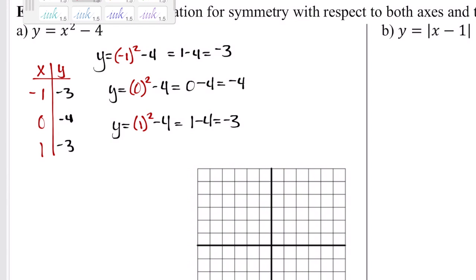So I can go up 3 and over, and up 5 and over. That is one of the ugliest parabolas I have ever seen. It kind of looks like a sweet potato. Parabolas don't look like sweet potatoes, but that looks like a sweet potato.